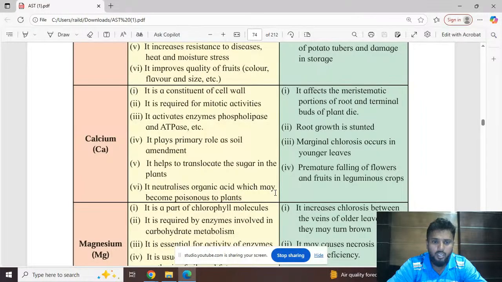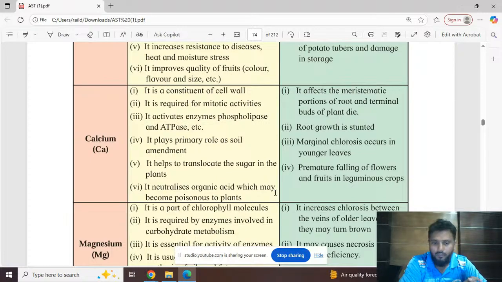Then it plays a very important role in soil amendment. Calcium amends the soil, that is, it brings the soil to fertility. If the soil has moved towards acid, or it has become saline, that salinity or acidity can be amended with the help of calcium.